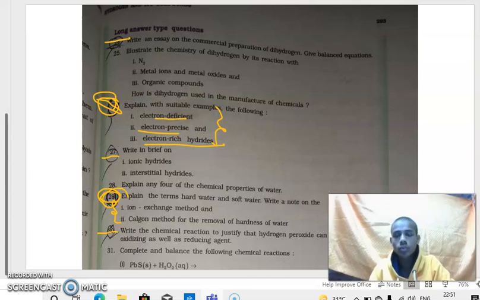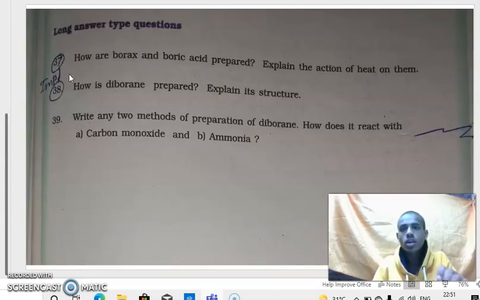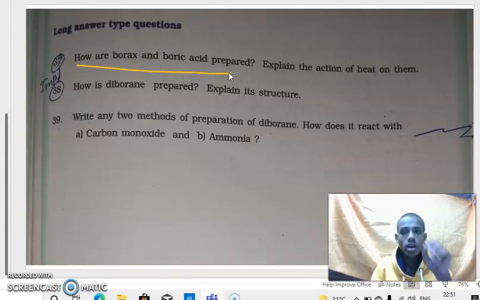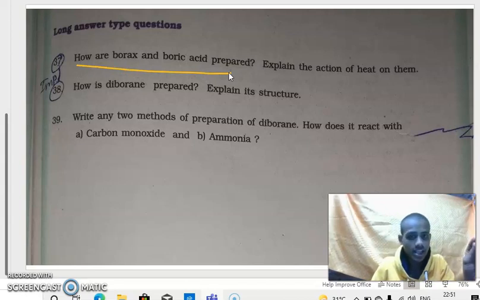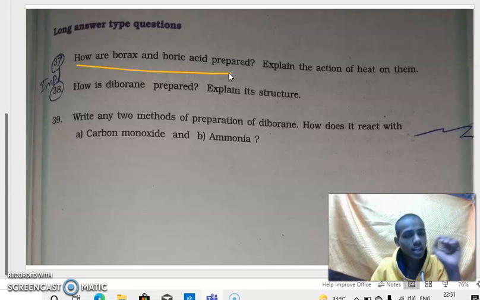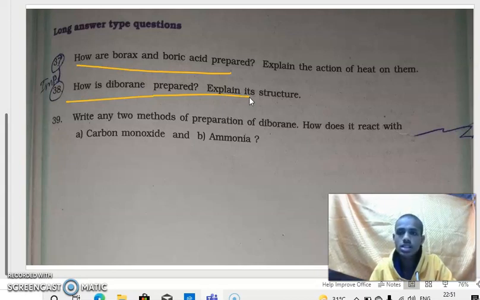Next, going to group 13 in p block. How are borax and boric acid prepared? Explain the action of heat on them. And next important question in this chapter is, how is diborane prepared?